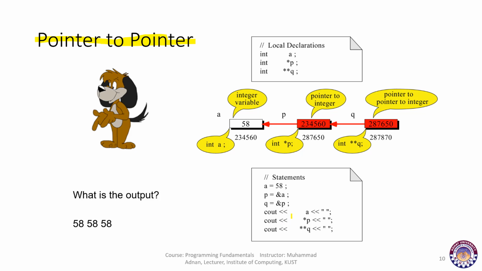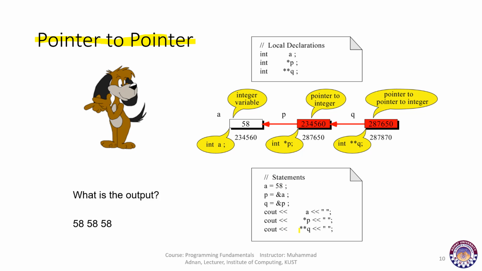So if we print these values, first you print a, you will get 58, and then if you use the asterisk with p, what does that mean? It means that you are telling the compiler to go to this address and print the value stored at this address. So you print 58, because the value stored at this address 234560 is 58.